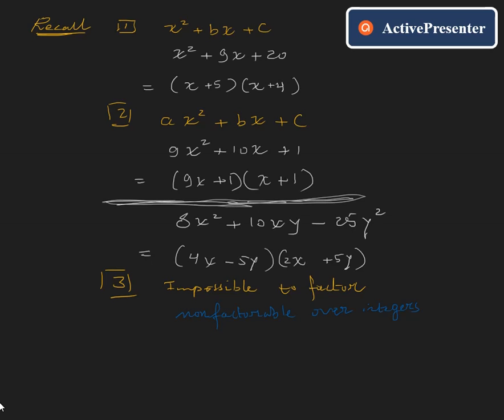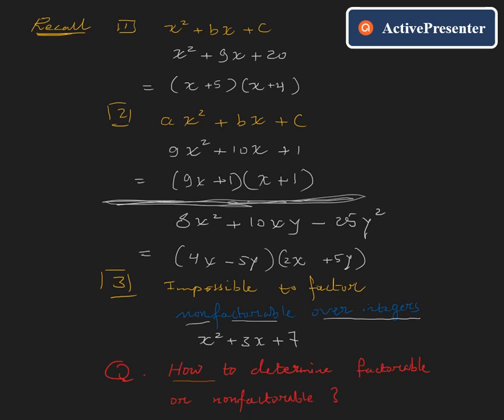For example, if you remember x squared plus 3x plus 7, we found this as non-factorable over integers. Okay, the question which is important to us is how to determine whether it is factorable or non-factorable.